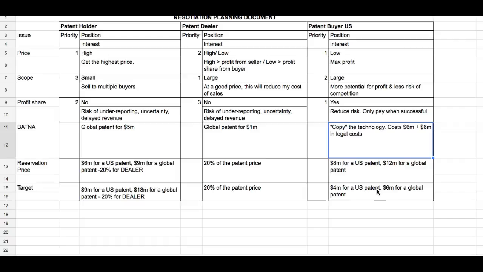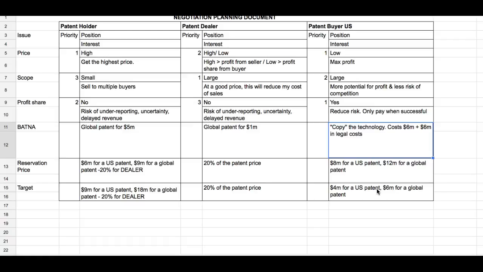So basically, both sides will lose money if you go to court, right? So what you want to do is avoid that. If you copy the technology, basically you reduce the whole benefit of the patent holder to zero. So the patent holder will have a strong inclination to go to court.